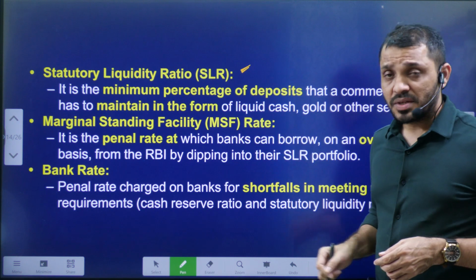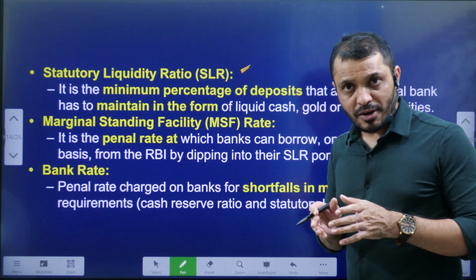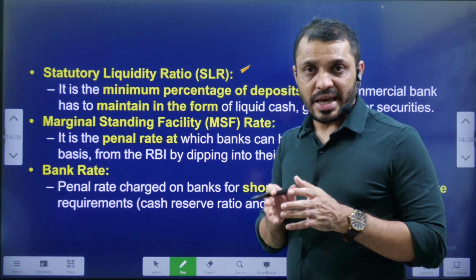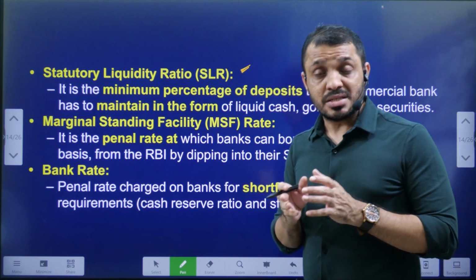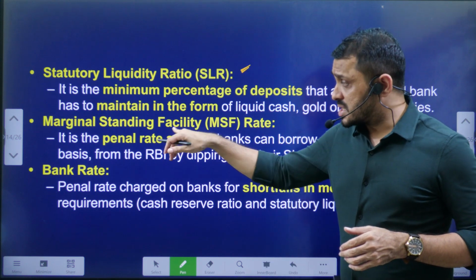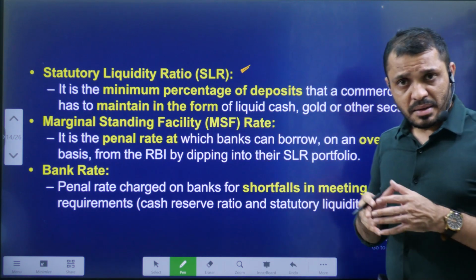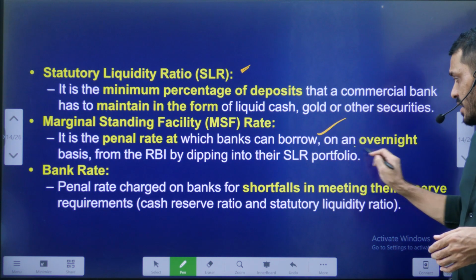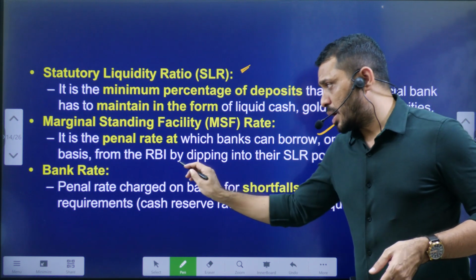Statutory liquidity ratio: a certain percentage of the bank's money has to be in the form of cash, government securities as well as gold. That is known as the statutory liquidity ratio. Marginal standing facility is a penalty on banks on overnight borrowings.